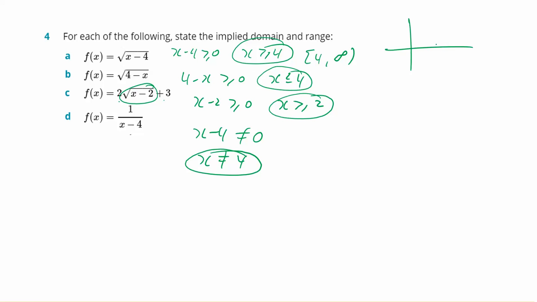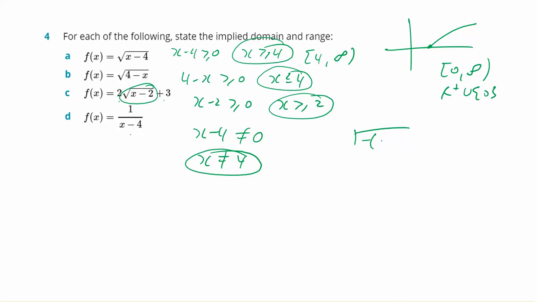So x minus 4, the root graph has moved 4 to the right. So the range would be from 0 to infinity, or real positives union with 0. The second one, now you have to actually take the negative out.